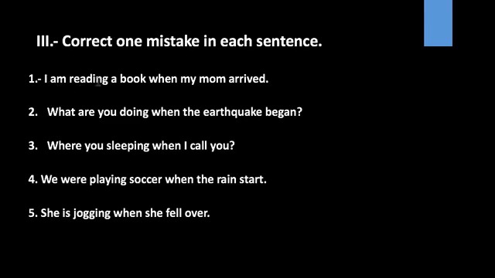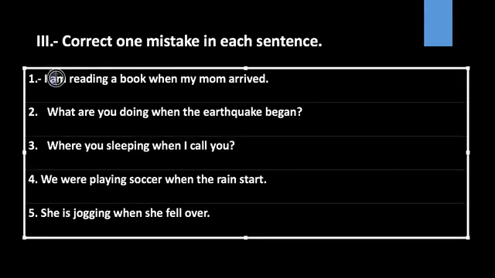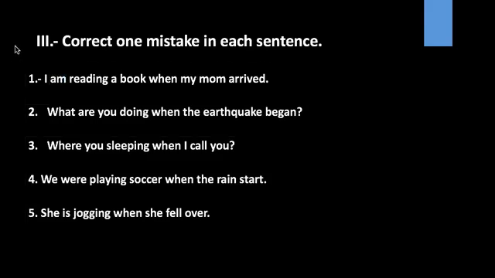I am reading a book when my mom arrived. Did you get it? Okay, here's the mistake. The correct answer is I was reading a book when my mom arrived. Okay, you need to do the same for the following exercise.